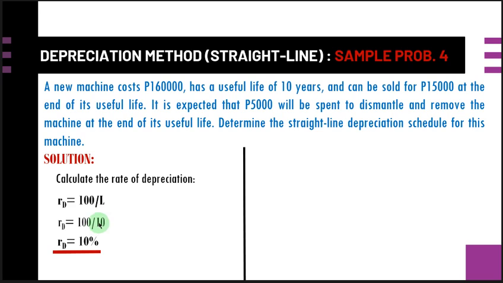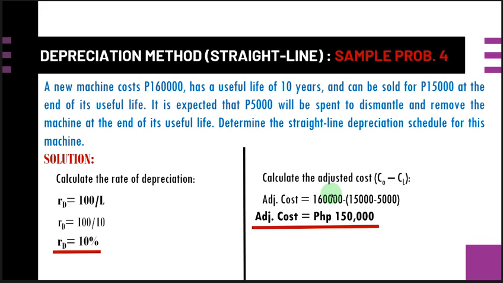And then after that, we are going to calculate the adjusted cost, which is the difference of our C sub O minus C sub L. So we have now this adjusted cost equal now to 160,000, referring to the cost of our new machine, minus the difference of 15,000 minus 5,000, in which this amount will be spent to dismantle and remove the machine.